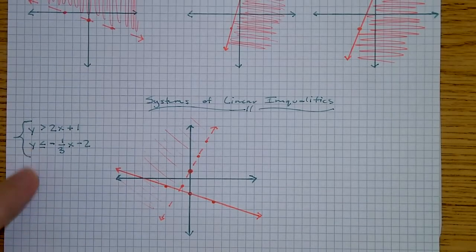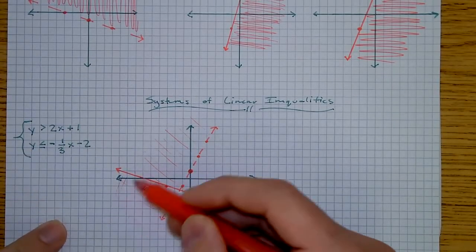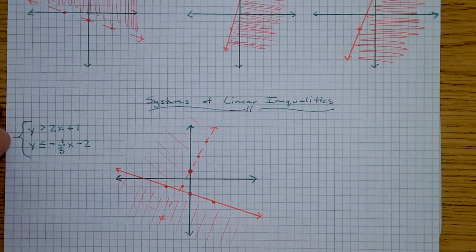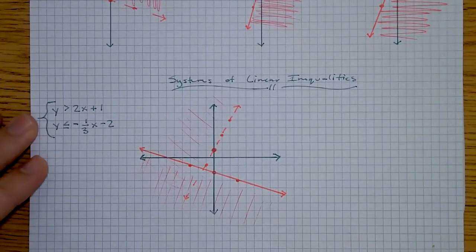Since it's less than, we want to shade below, but we do the same thing where we shade lightly just to give us an idea.